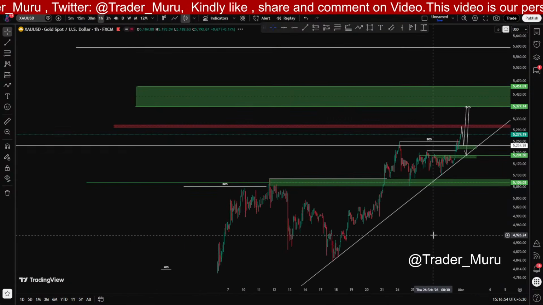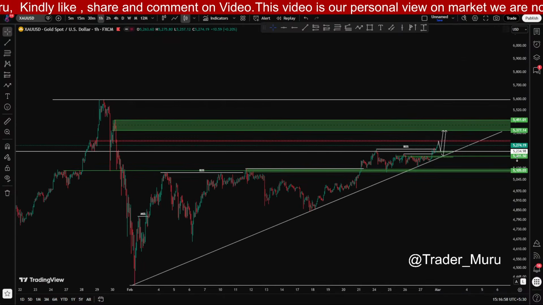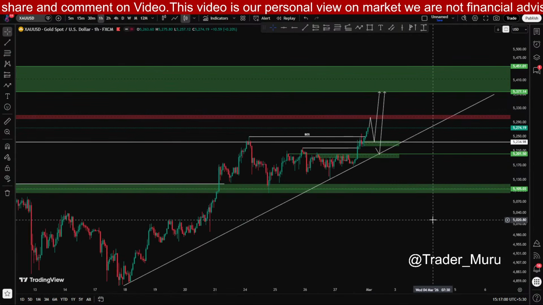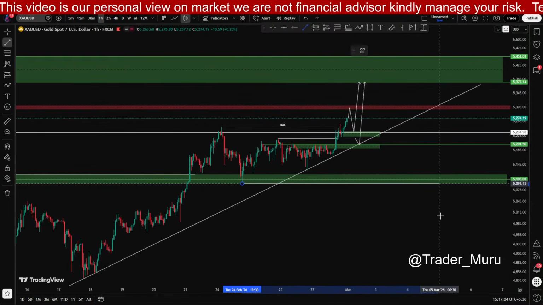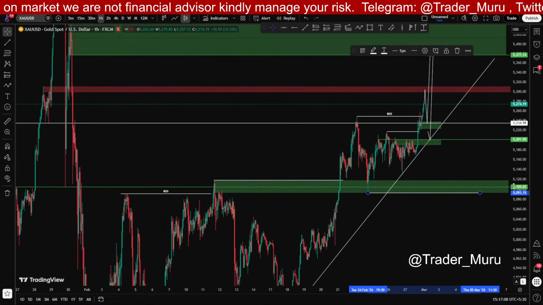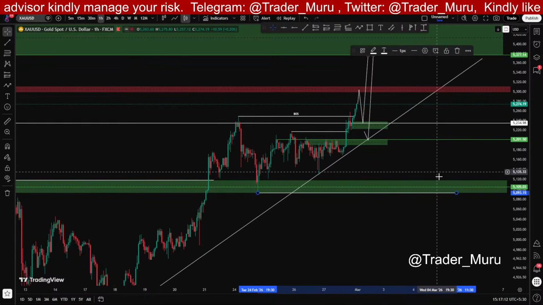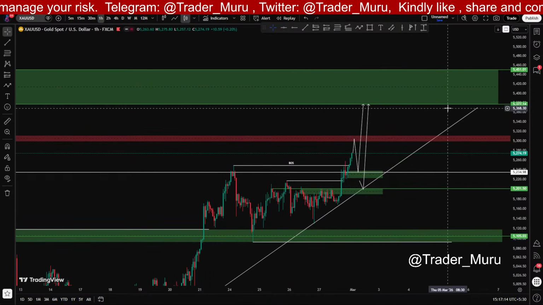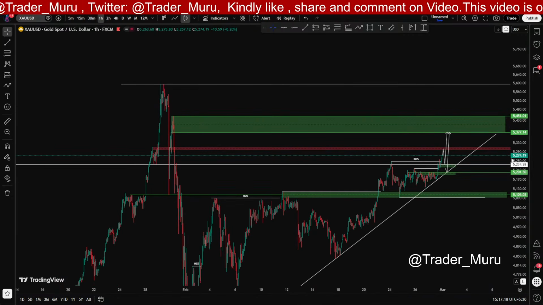Until price breaks below this trend line, it is bullish, and our 4-hour structure is saying that until we break below this low of 5093, price cannot be bearish now. It is still bullish, and we can expect it to ride much higher till these prices.